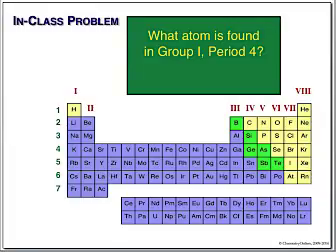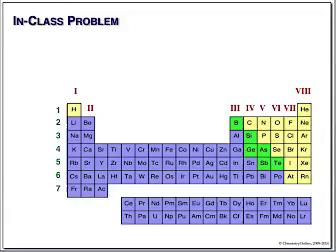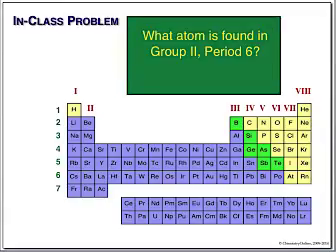Group 1 here, period 4, we're down to K. K, if you recall from your short list, is potassium. Group 2, period 6. Down here at period 6, we're in group 2A, Ba. Ba is barium.